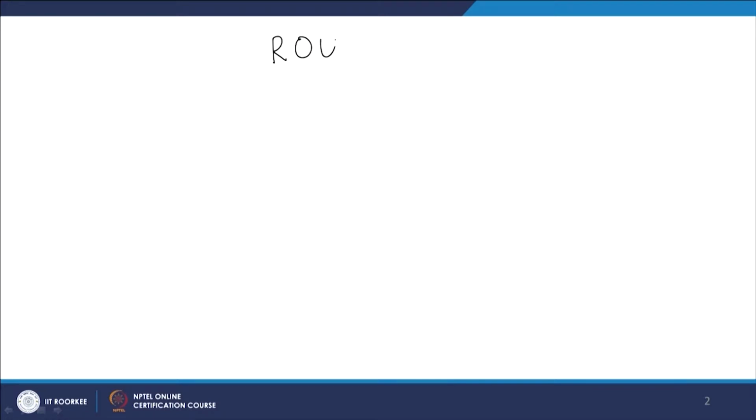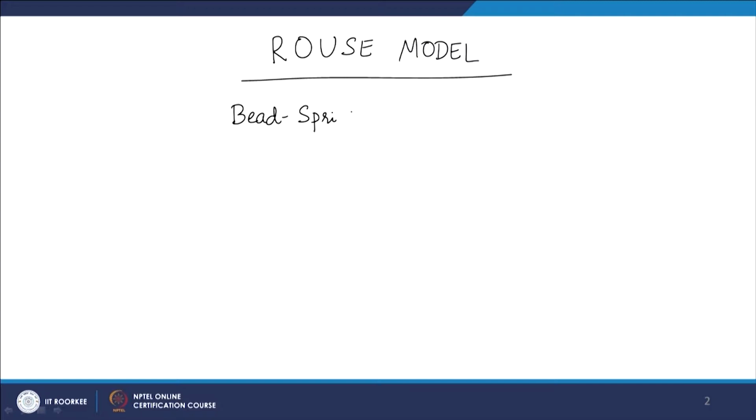So, we will talk about the Rouse model. It is actually simply an extension of, or I would say an application of, the bead-spring model that we already have discussed.